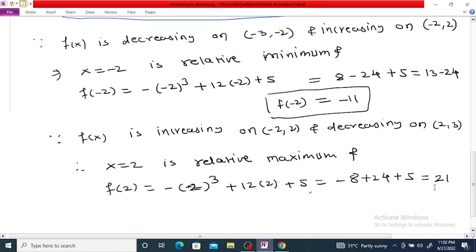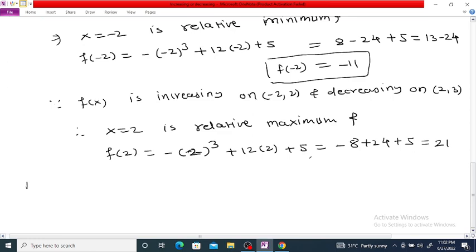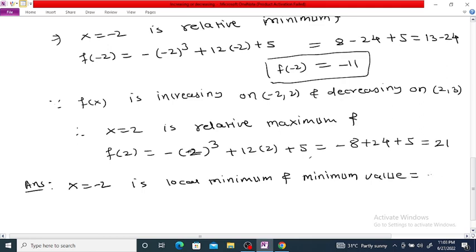So the relative maximum value is 21. From this you can write the answer: x is equal to minus 2 is a relative minimum or local minimum, and the minimum value is equal to minus 11, and x is equal to 2 is a local maximum, and the maximum value is equal to 21.